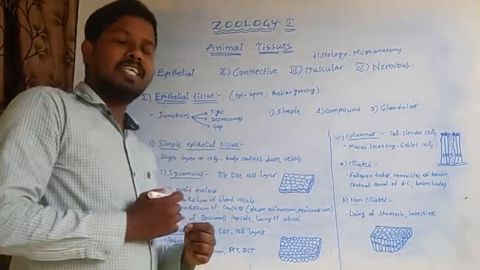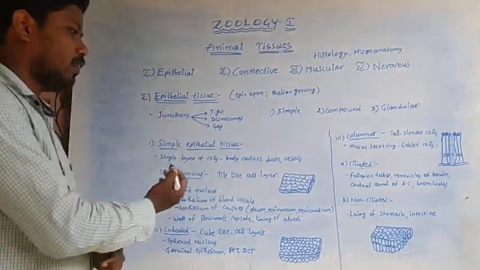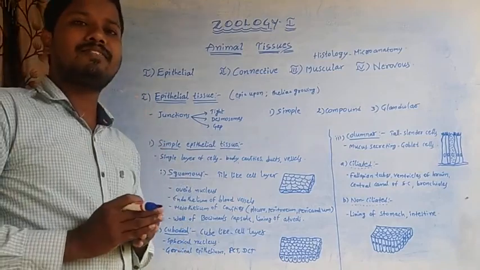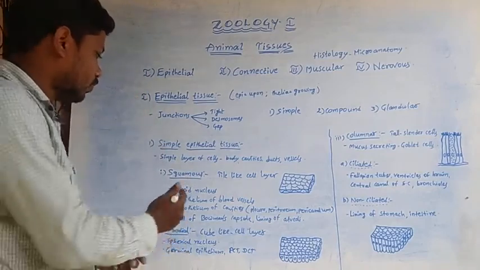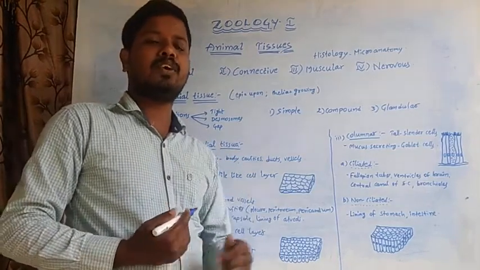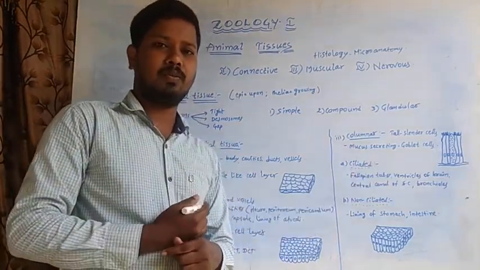Simple epithelial tissue is again divided into three types based on the structure of cells. Those are squamous epithelial tissue, cuboidal epithelial tissue, and columnar epithelial tissue.